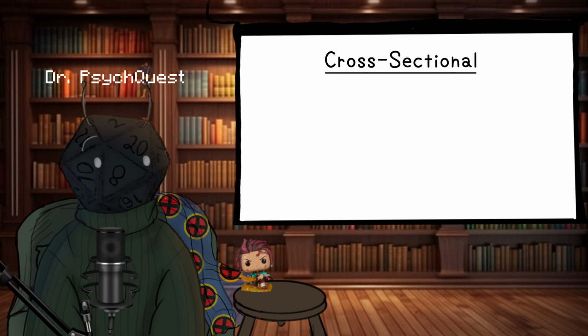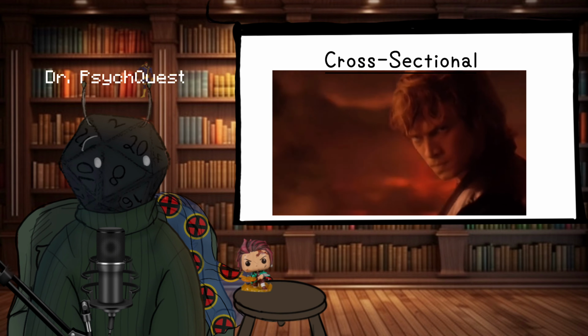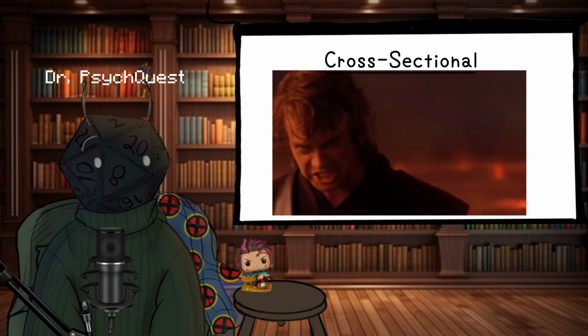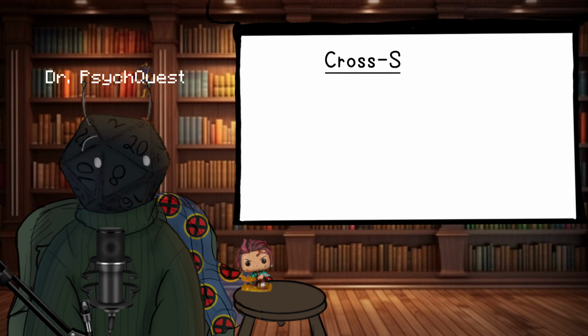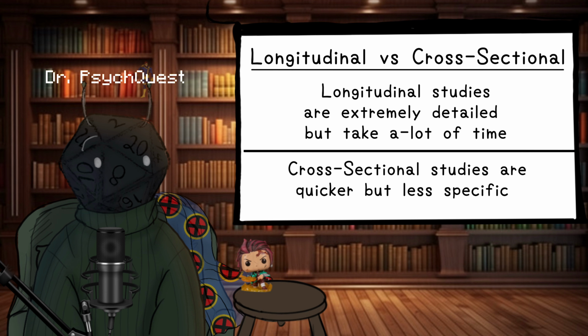For example, comparing my memory of Anakin Skywalker's speech versus maybe the actor of Anakin himself, Hayden Christensen, to study the memory differences. Longitudinal studies are extremely detailed, but take a lot of time. Cross-sectional studies are quicker, but sort of less specific. So you can really pick your poison.